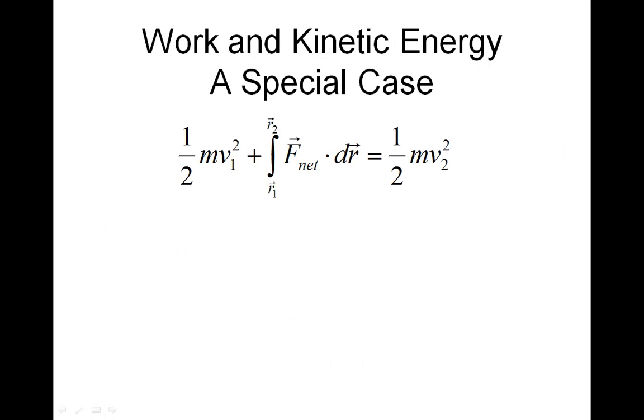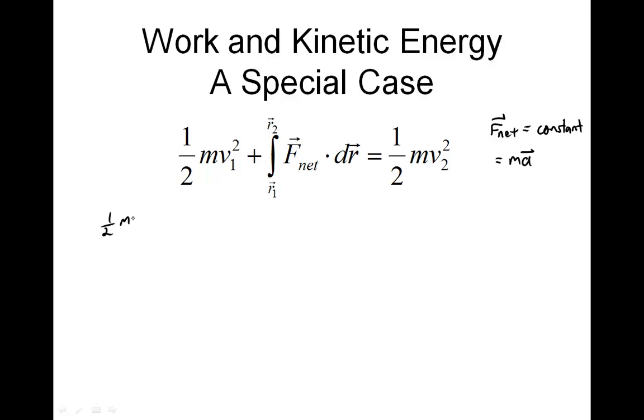Let's take a very special case of the work and kinetic energy idea here. Let's assume I have a constant force. So F net is equal to a constant, but F is equal to ma. That's also going to be constant. And so what do I get?